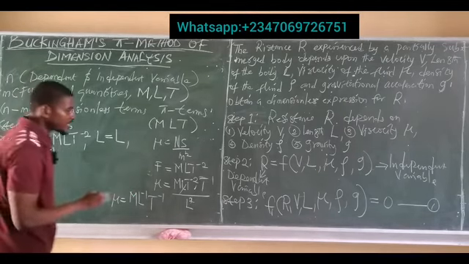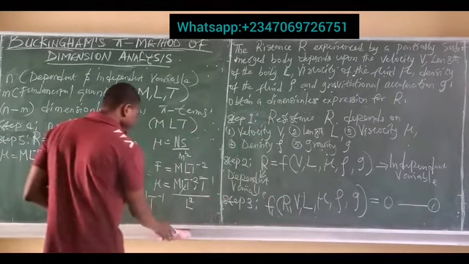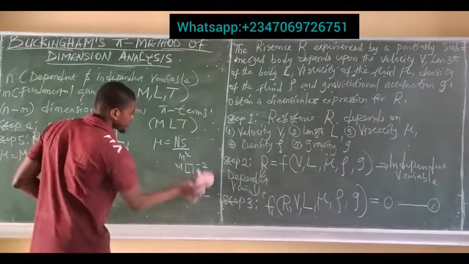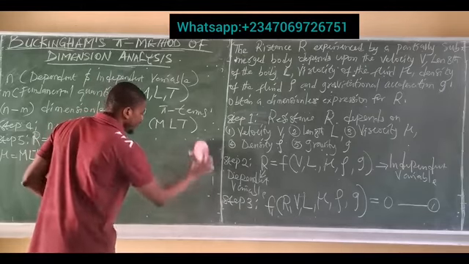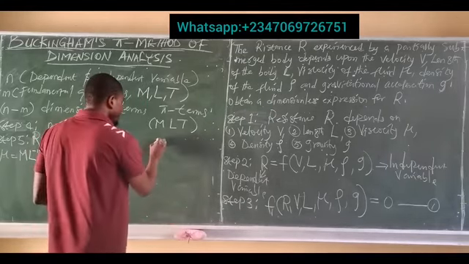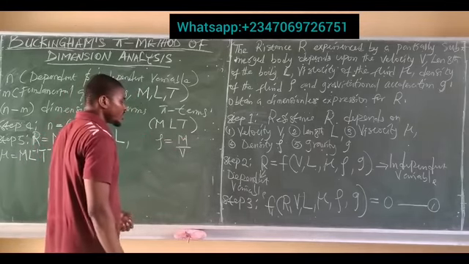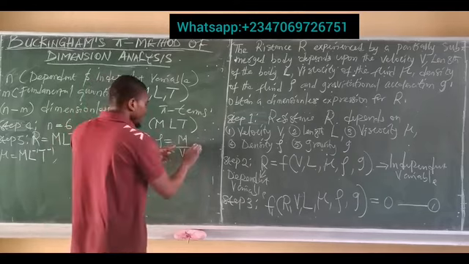The next on the table is density. We know that density is mass over volume. In this case, you don't need to use the unit. You can simply say density is mass over volume. You can also go by the units.